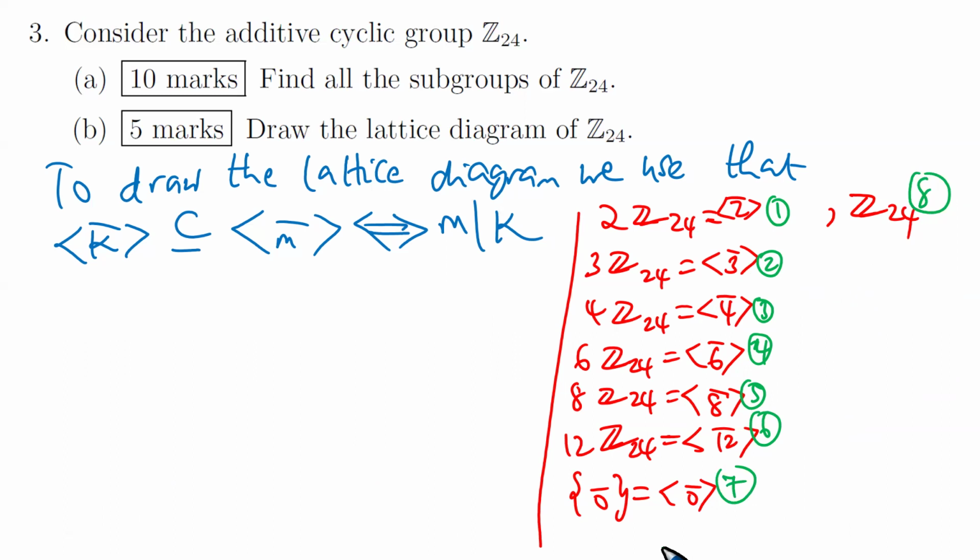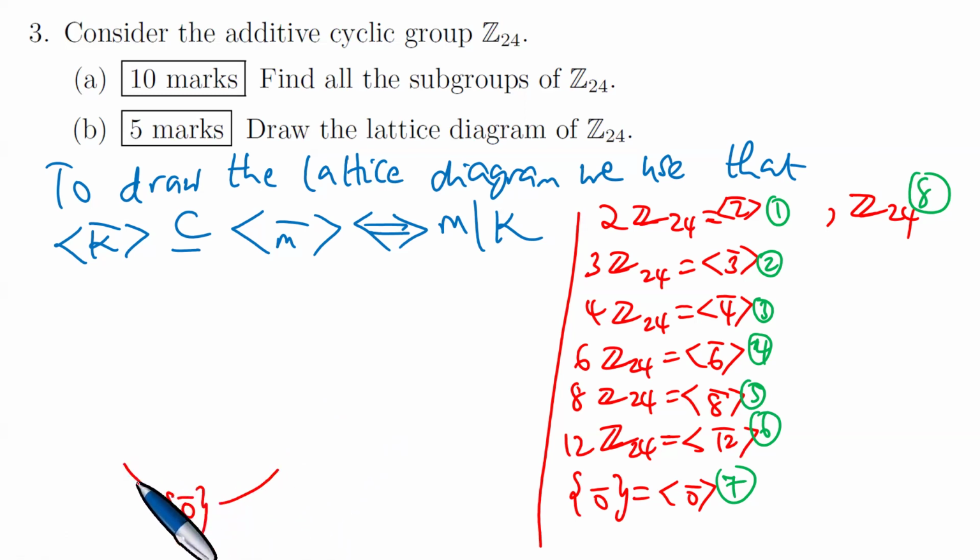Now, let us think together. You start from the smallest one. We're starting from Z bar, and this Z bar can be seen as 24 Z24. This one is the one of order 1.